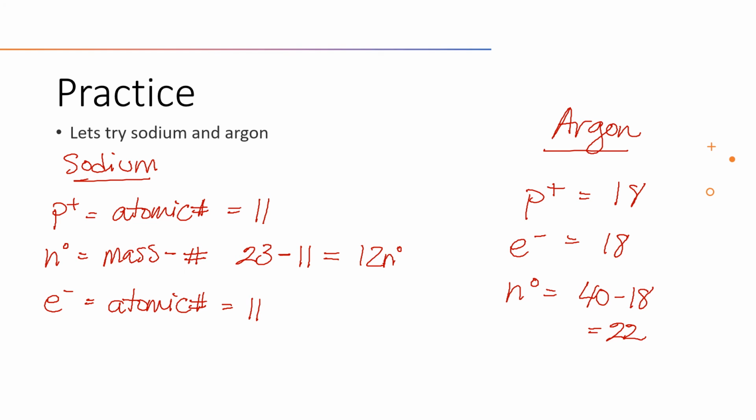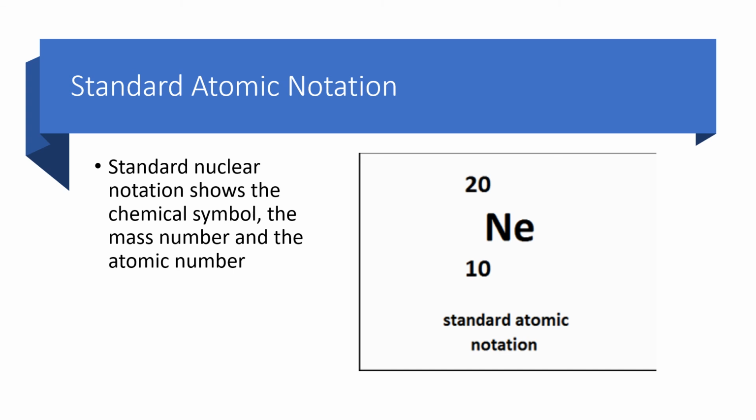Okay, so there's one more thing we want to talk about here, and that is standard atomic notation. Sometimes we don't always have that periodic table in front of us, and so another way of sharing this information would be using this standard atomic notation, which looks like this. It's another way to give us the symbol.